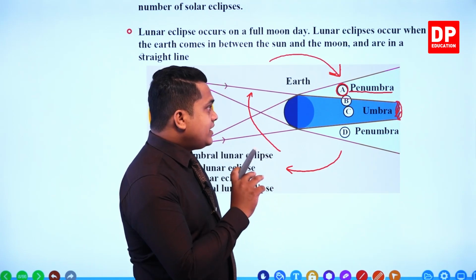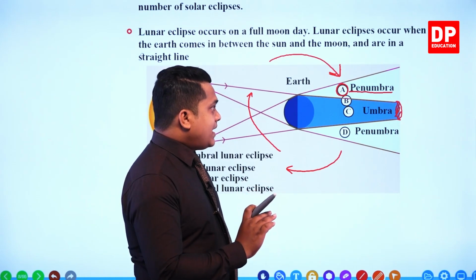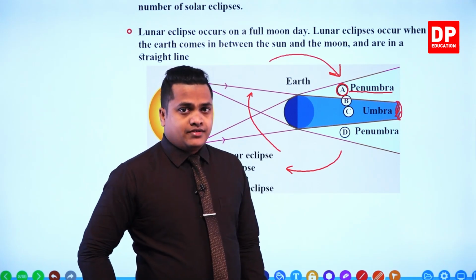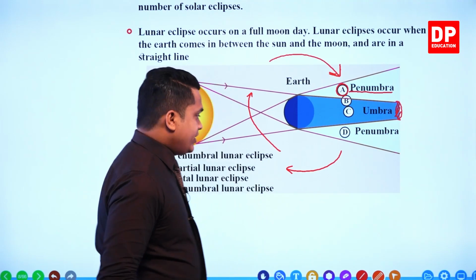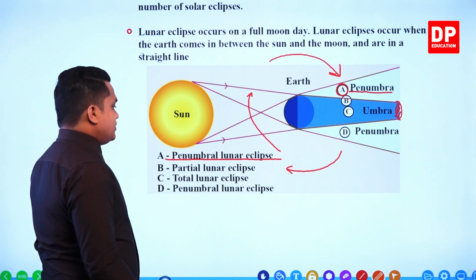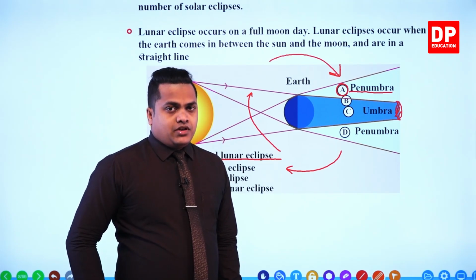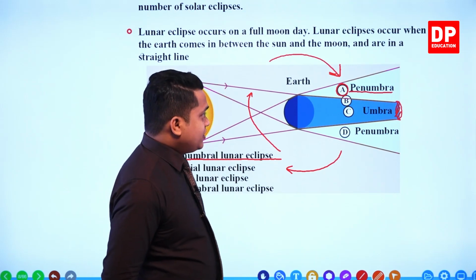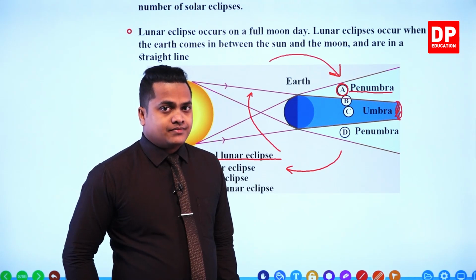So in position A, my dear children, the entire moon is located within the penumbra region, and in that case you can observe a penumbral lunar eclipse. At position A, we can observe a penumbral lunar eclipse.